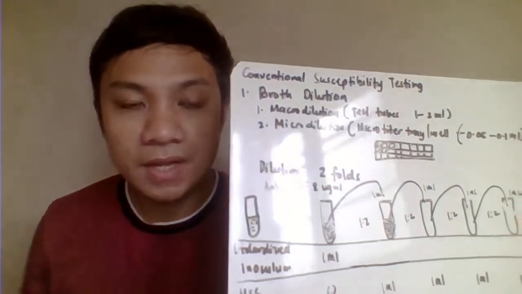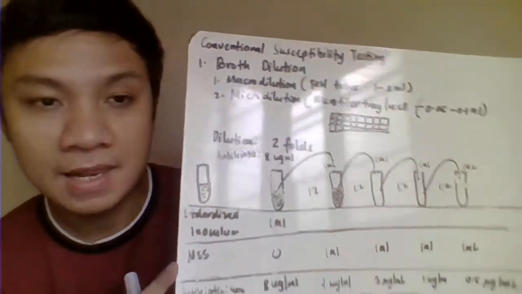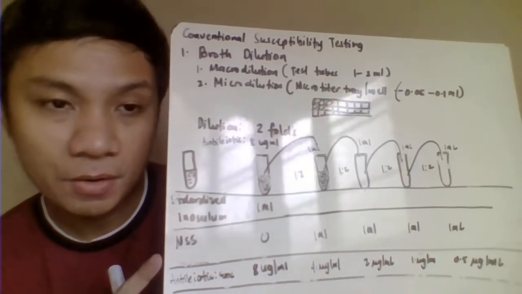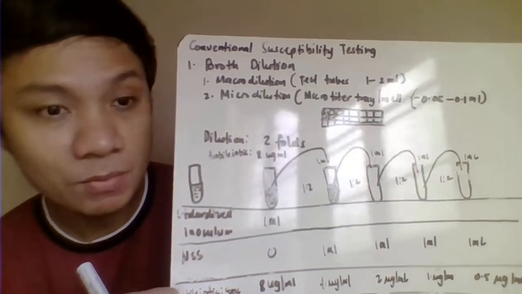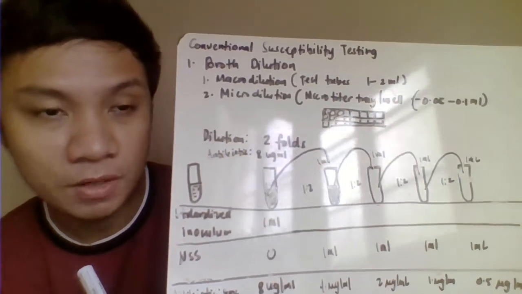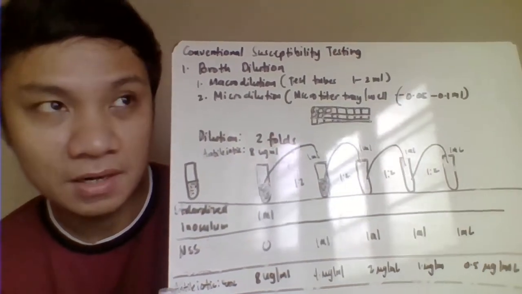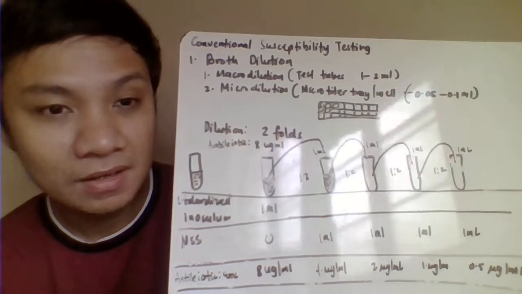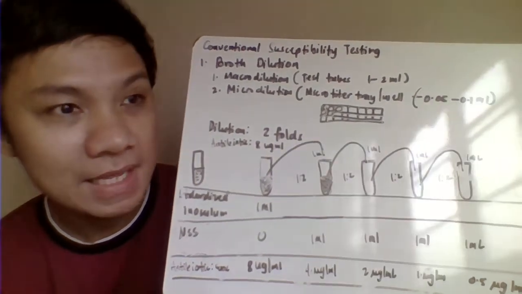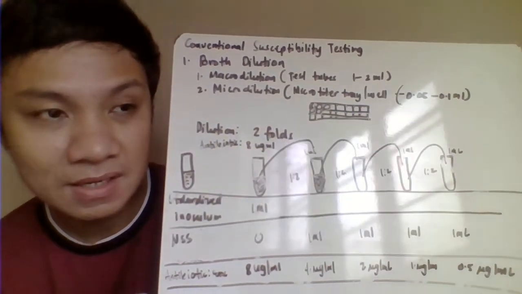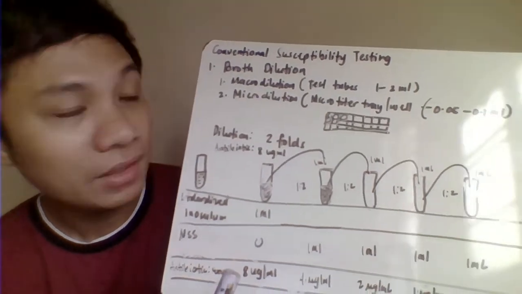Okay, so we have here the conventional methods of your antimicrobial susceptibility testing. The first one, we have here your broth dilution. So in broth dilution, we are using broth in the form of your thioglycolate, okay, basically, or even the NSS. There are two methods for that.